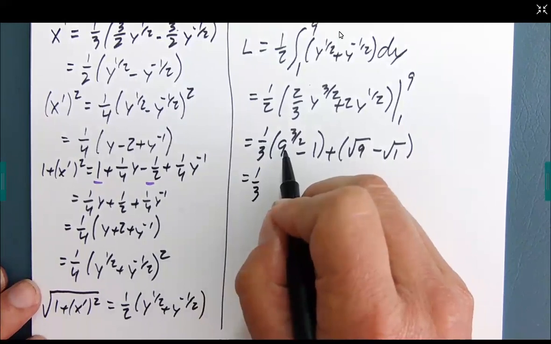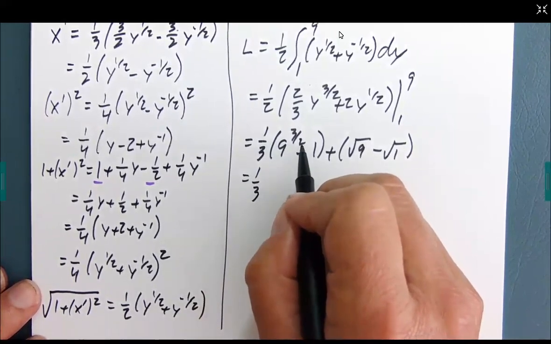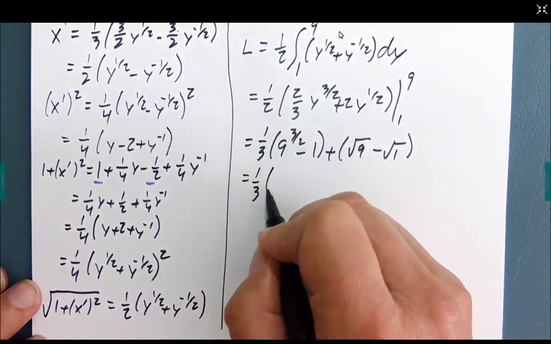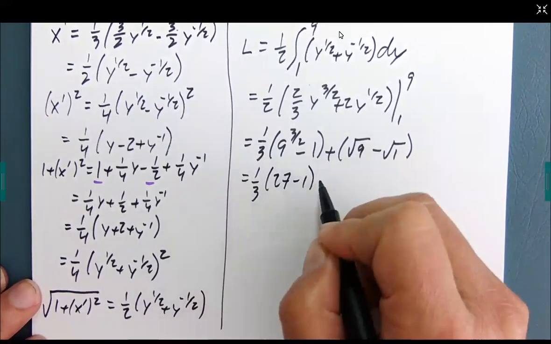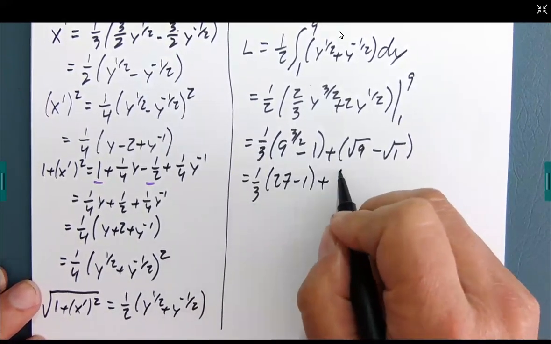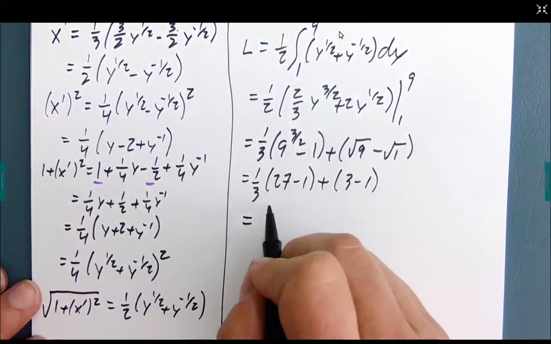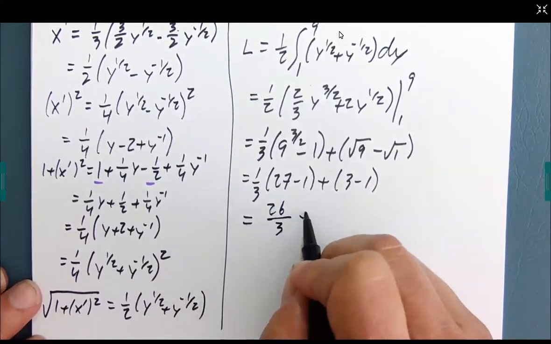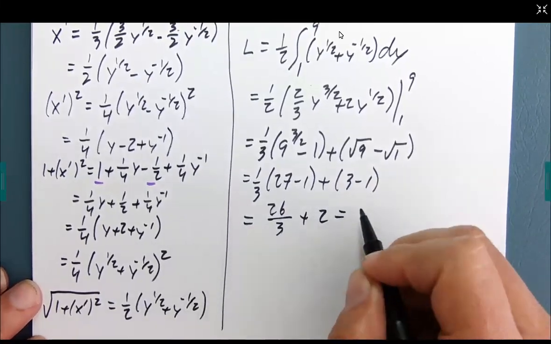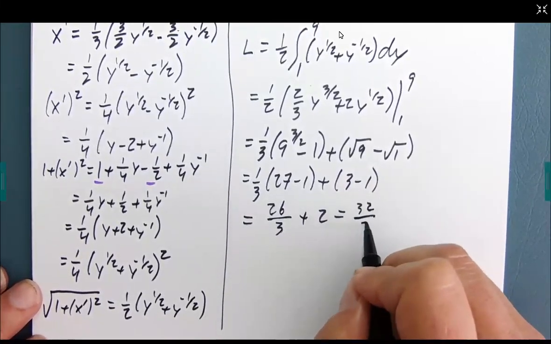And that is square root of 9, that's from the 2 is 3. 3 to the 3rd is 27. And here I have 3 minus 1. That's 26 over 3 plus 2, which gives me 32 over 3.